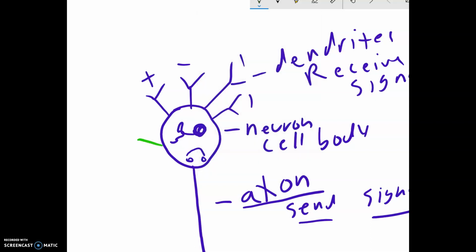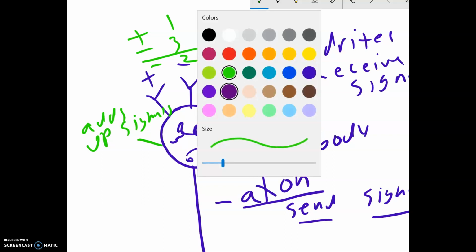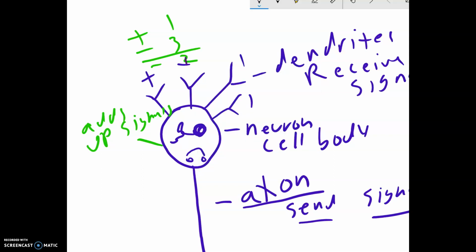So the cell body adds up signals. It's going to add up all these signals. So this is +1, -3. Our input is -2. Are you going to text your ex at 2 in the morning? I hope not. Now, let's say you've been drinking. Suddenly, these signals are all positive.